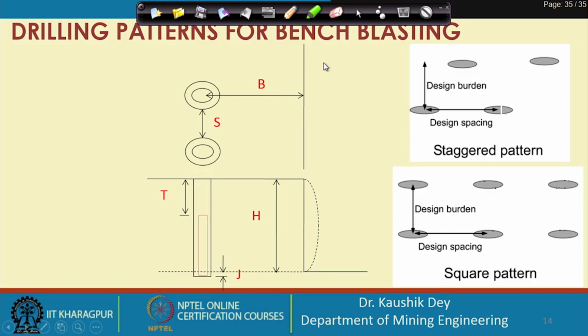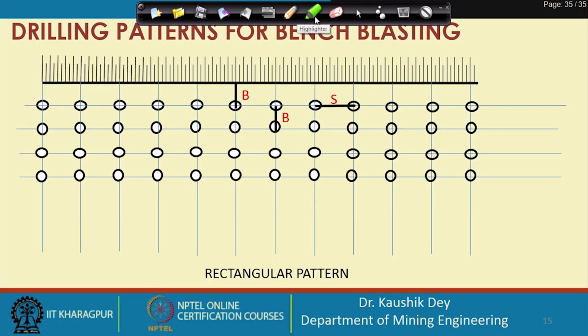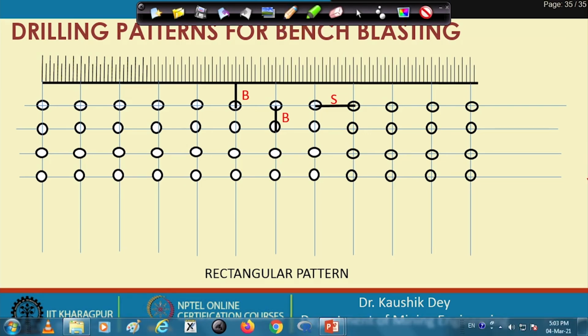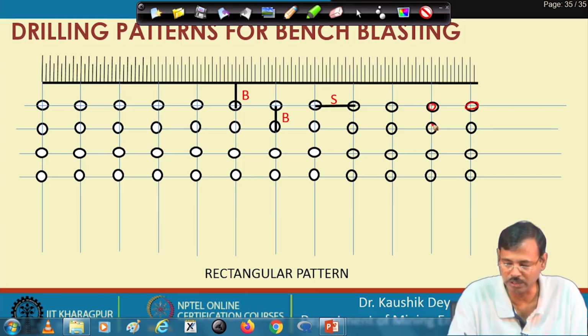For drilling carried out for blasting, we have options for drilling the holes. In one, the second row holes are drilled directly behind the first row holes.